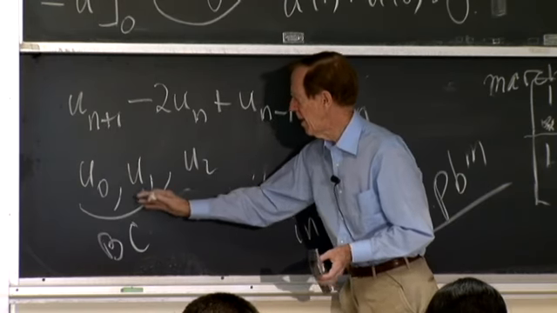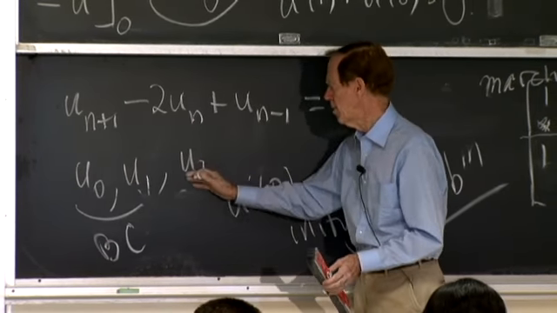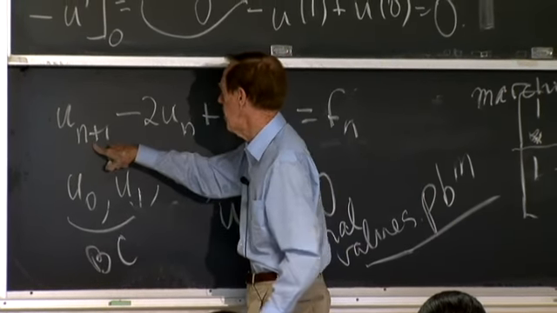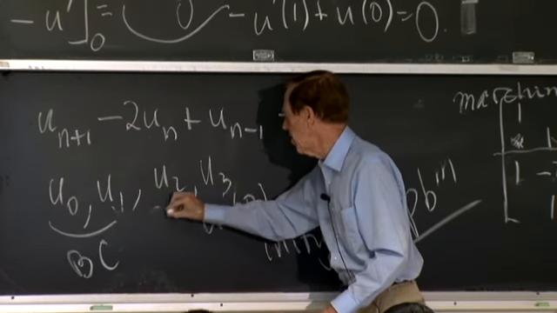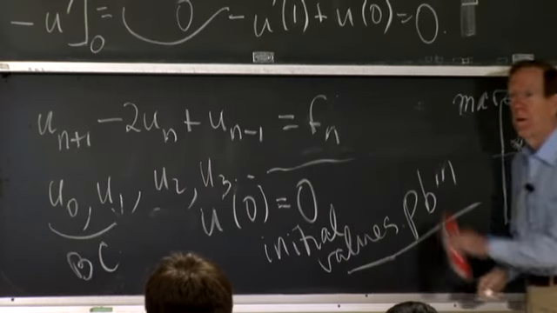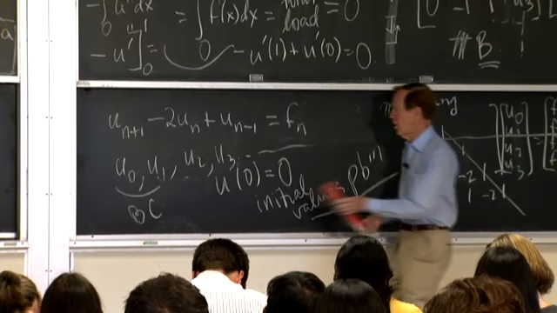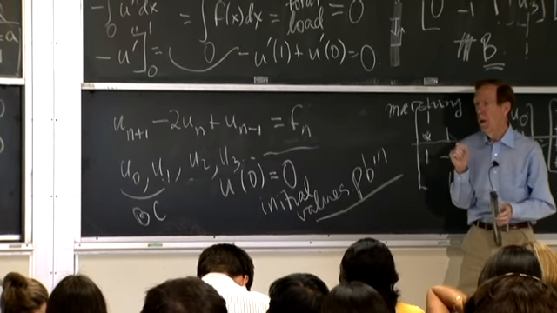If I have two boundary conditions to get me started, then the equation tells me u2, and then the next time, u3 minus 2u2 plus u1, I can find u3. So I can go forever. If you give me two things to start, then I march forward.